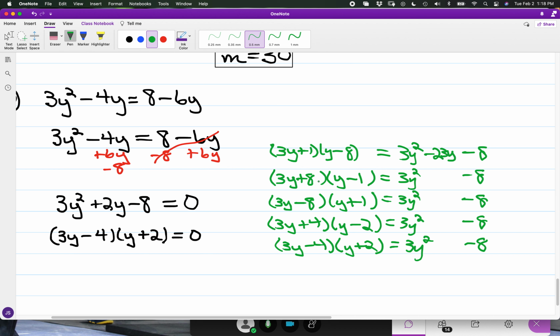Here we have minus 3y plus 8y, so you have plus 5y, and then we have plus 3y minus 8y, so you have a negative 5y. And here we have negative 6y plus 4y, so we have negative 2y. And with this combination, so you have 3y squared plus 2y minus 8.